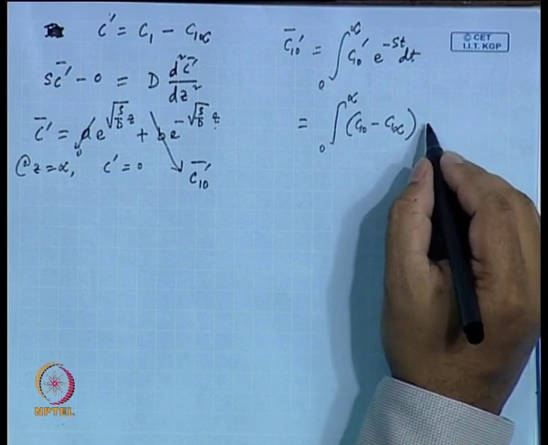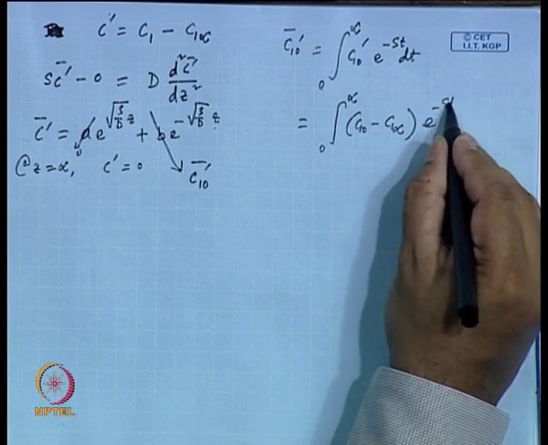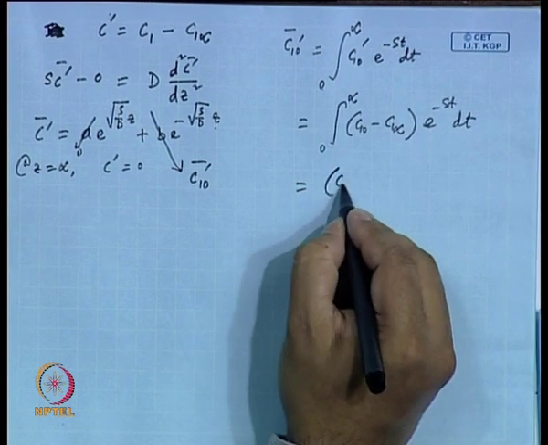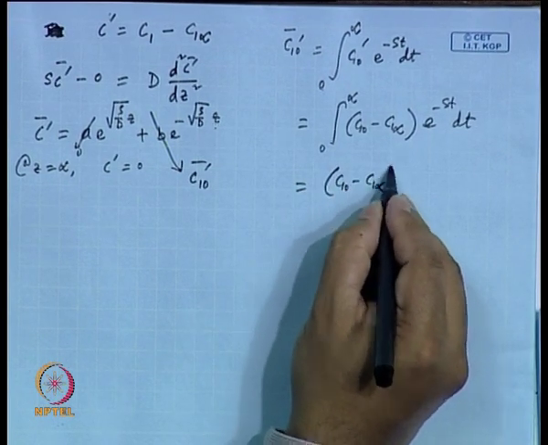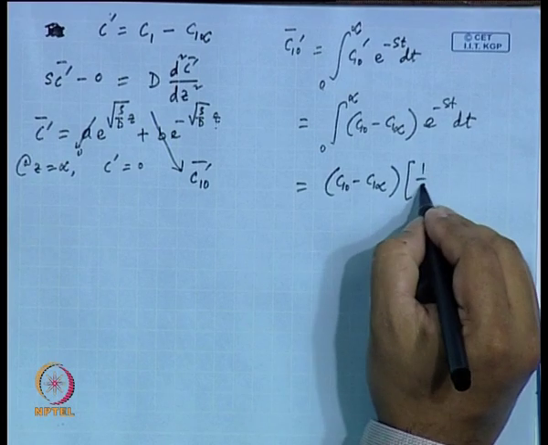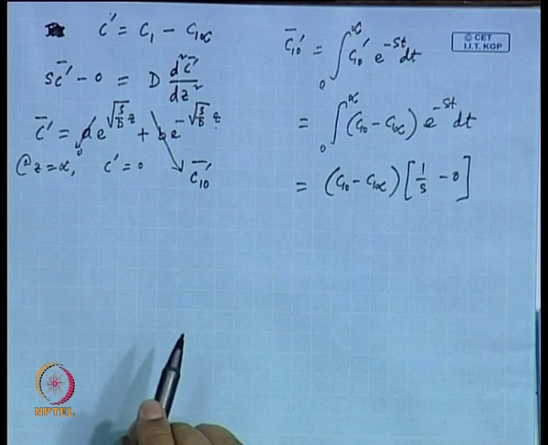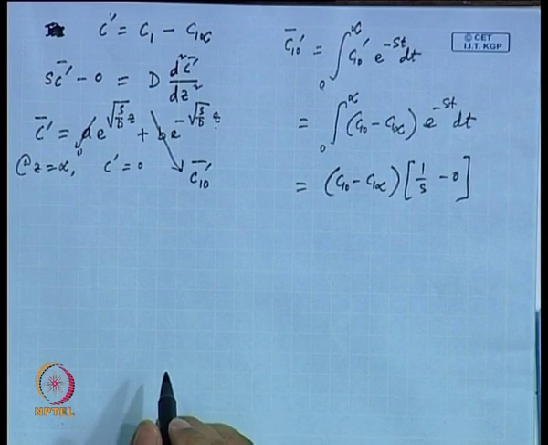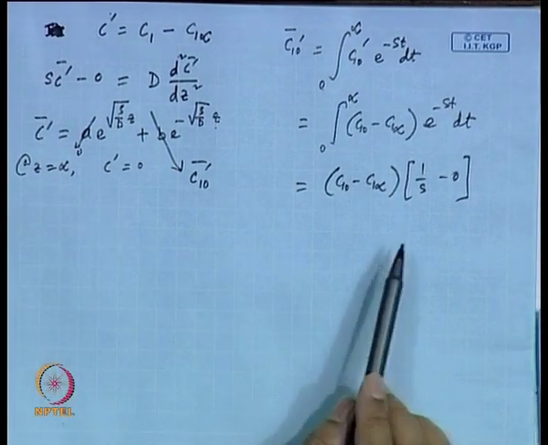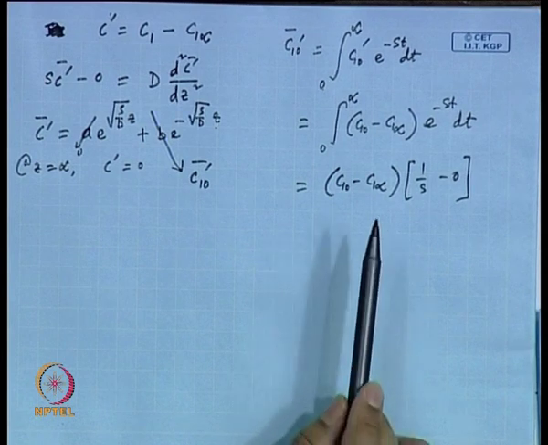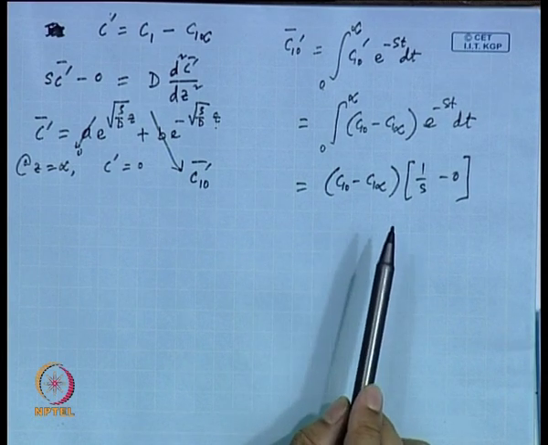So, this into e to the power minus st dt, and that would be equal to C1 0 minus C1 infinity into 1 by s minus 0, if you simplify this further. So, you have taken care of the other boundary condition.